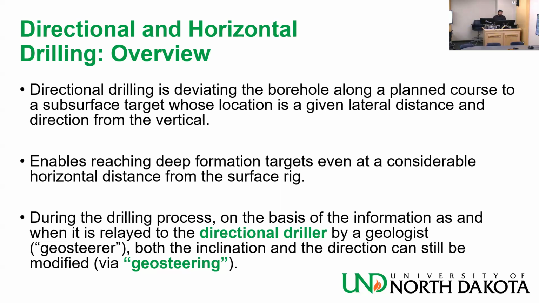And yeah, what does the directional driller control? It is basically something called the tool face angle, and this is what he manipulates. But the information he's getting from a directional survey is inclination angle, azimuth, and measure depth.